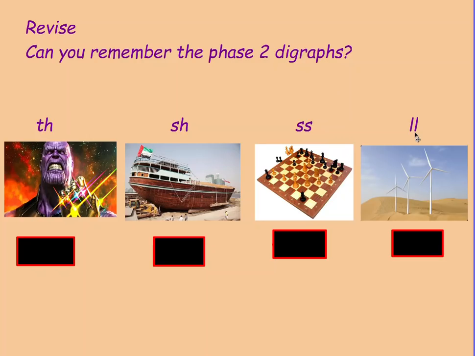Okay, we're going to have a little practice. So you guys, I just want to give you a second. This here is Thanos. I'm sure many of you know Thanos. I want you to write Thanos on your whiteboard.